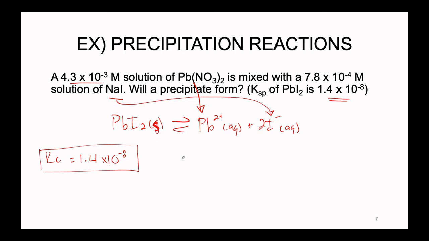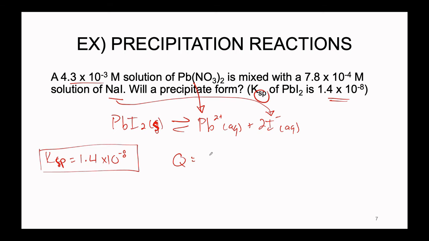All right, so how we can solve this problem is set up our Q, and compare our Q to our K that is now listed to the left. Our Kc, again, is some type of solubility product. We could also write this as a Ksp. It doesn't matter. Both of them are the same variable. There's no mathematic calculation we need to do to interchange between the two. It's just a simple label change.